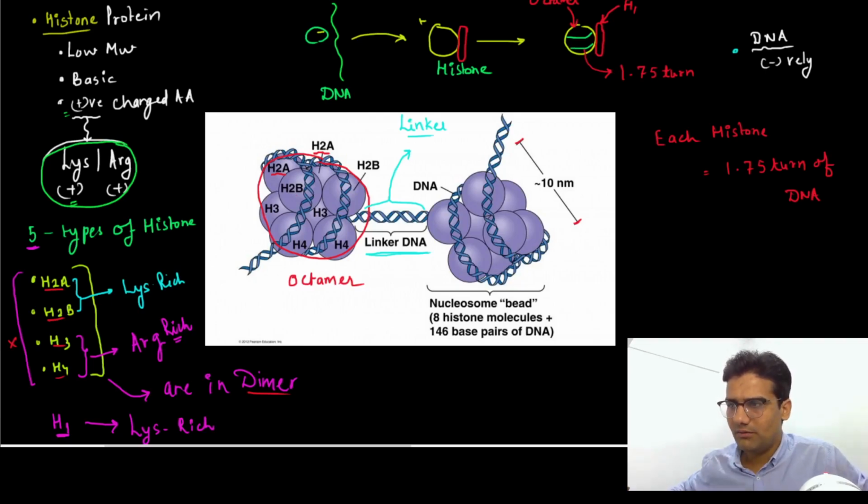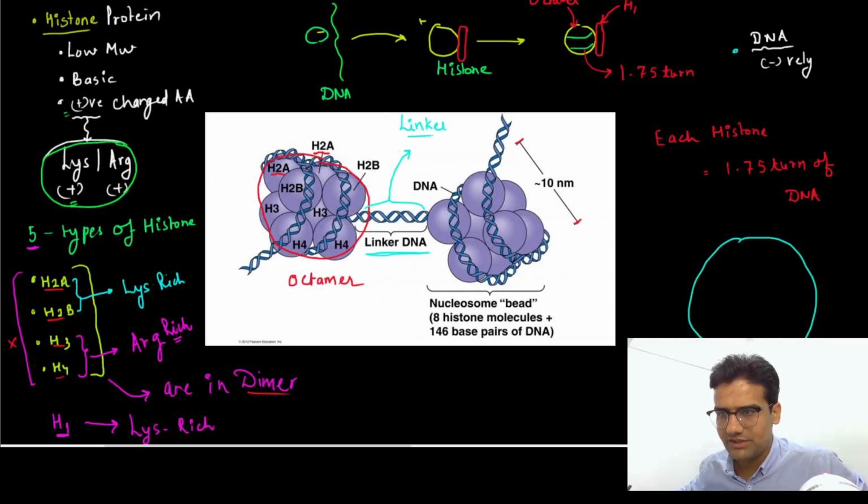If we talk about this histone protein here, this is the histone octamer, and on a single histone protein there are 1.75 turns of DNA. So there is 1 full turn and 3/4 of a second turn. This histone octamer here is basically known as the core molecule.